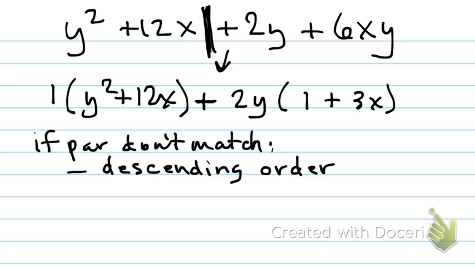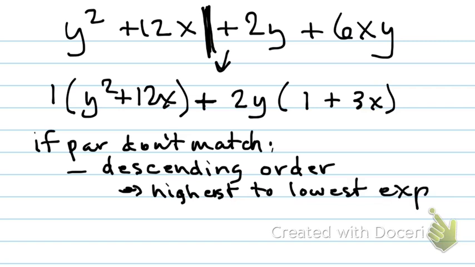What does it mean to descend? Yeah, you're going down, right? From the highest exponent to the lowest exponent. Okay? So descending order is always from highest to lowest exponent.